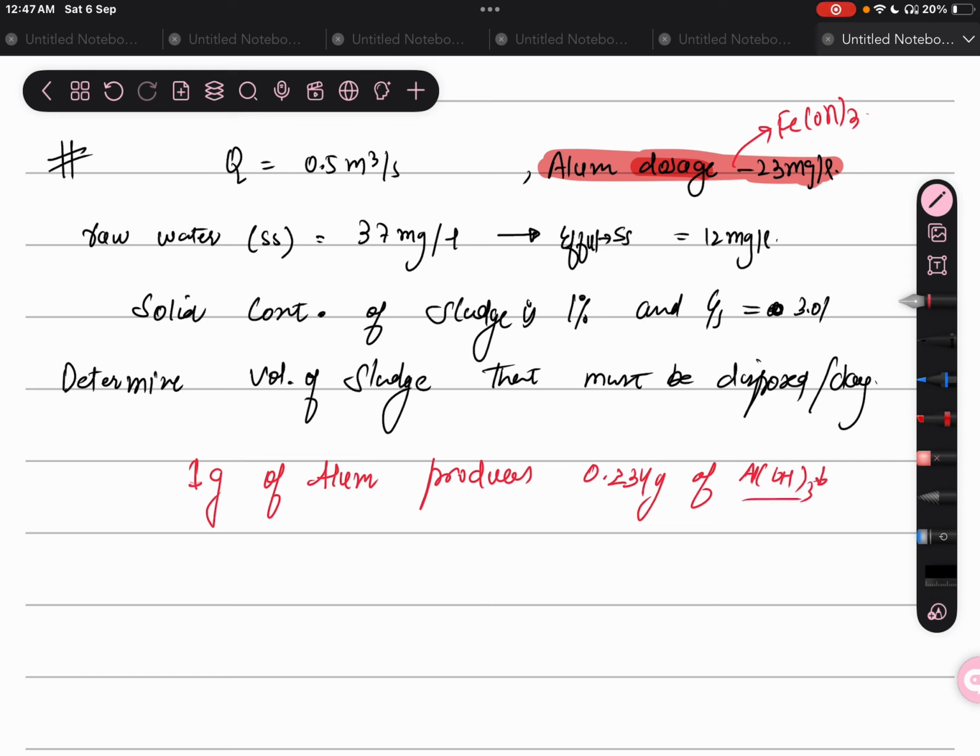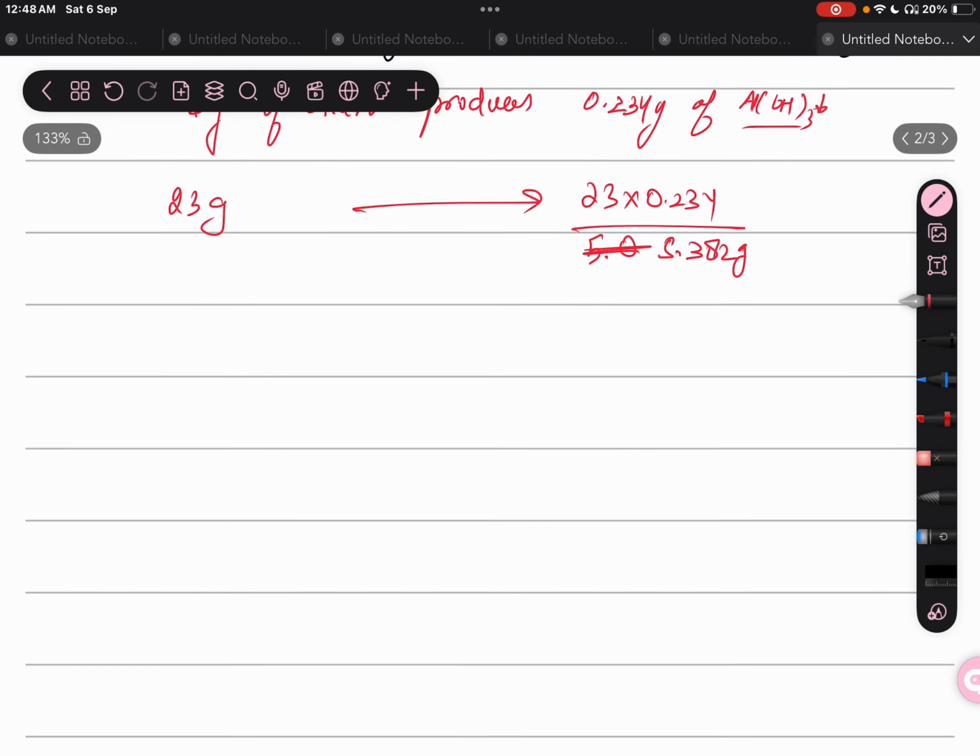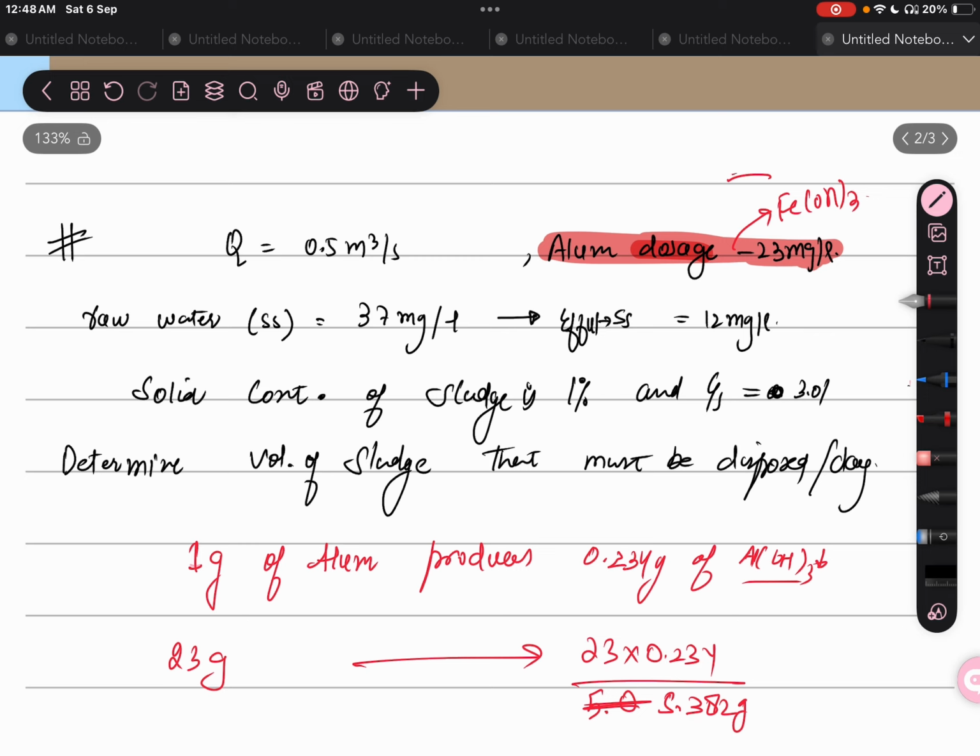So similarly, if this is 23 milligrams, it will be 23 multiplied by 0.234, which comes out to be 5.382 milligrams per liter.